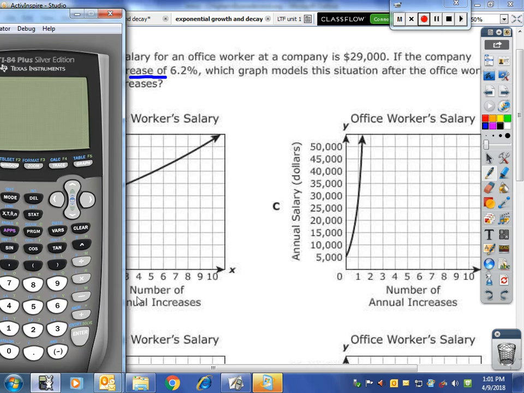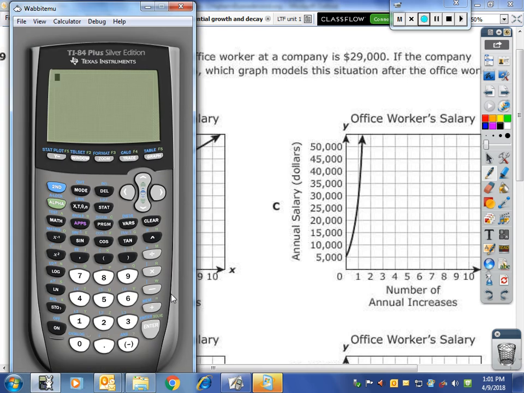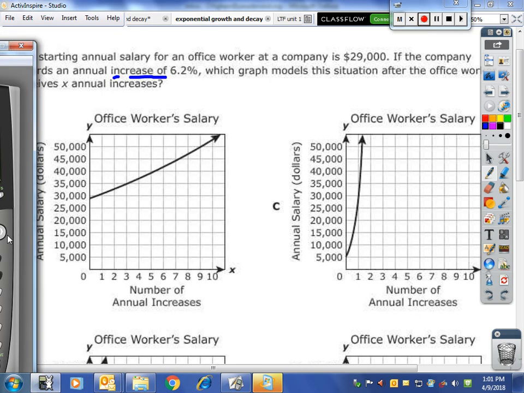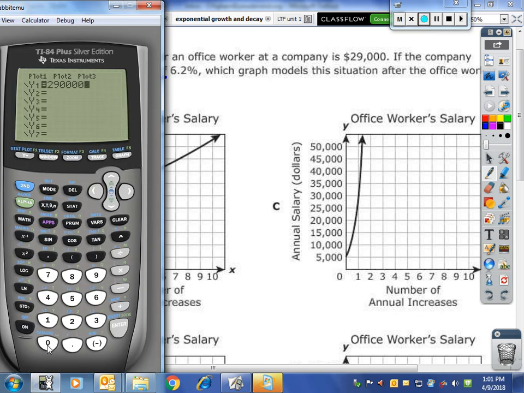Let's put this into our calculator then. Go to y equals. We're going to put in 29,000. That's our initial amount. Oops, I think I put too many zeros. 29,000 parentheses 1 plus, now I got to change 6.2 to 0.062, close parentheses.